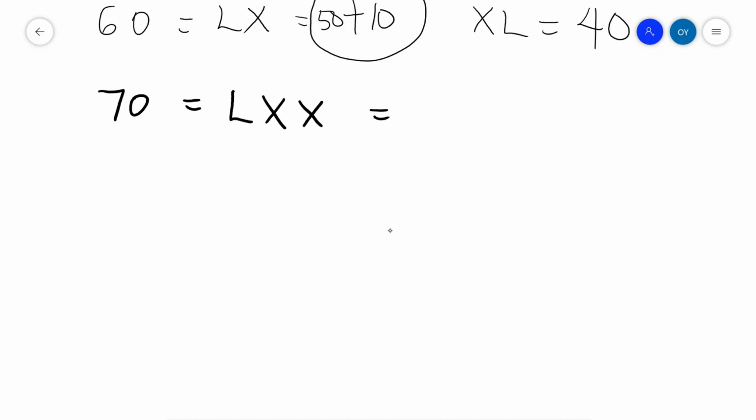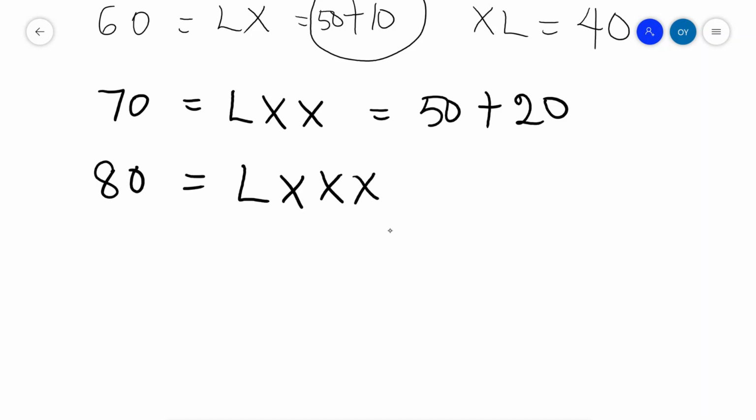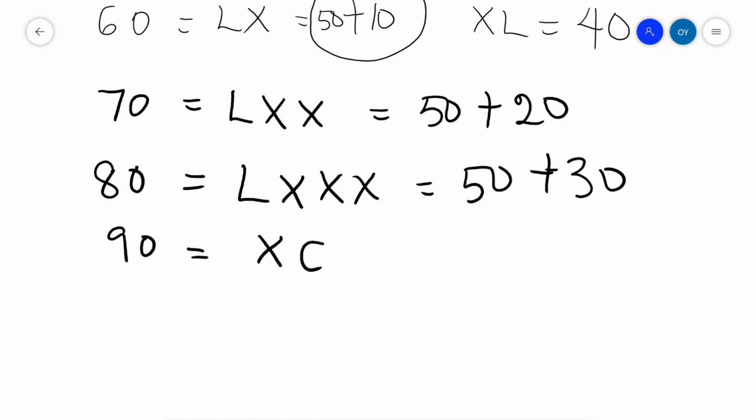That is 50 plus 20. 80 is LXXX, and this is 50 plus 30. Then 90 is XC. This is because C is 100 minus 10, and that is 90.